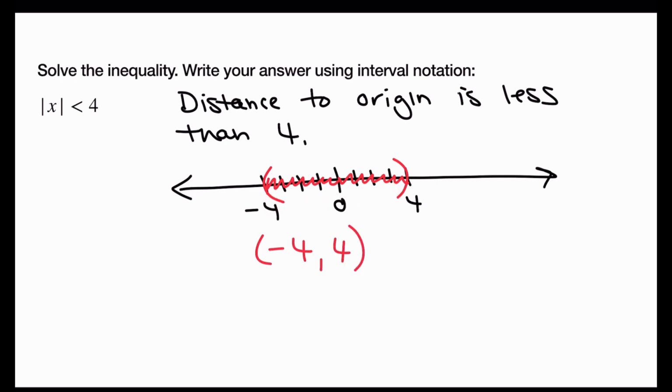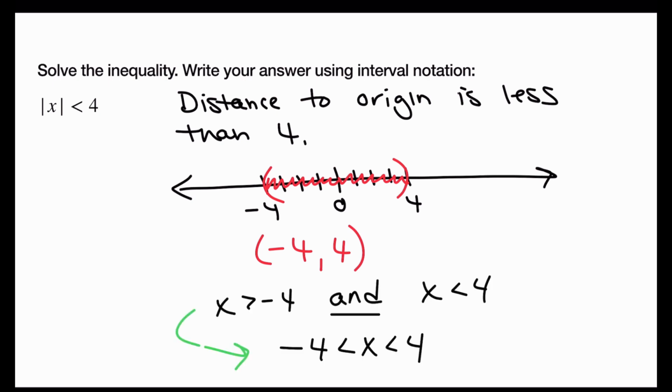In interval notation, we can write that as one interval because we're talking about one chunk on the number line, everything from -4 to 4. Because we're talking about one chunk on the number line, we can also write this as one 3-part inequality, -4 less than x less than 4. Or we could say it's all points that are bigger than -4 and less than +4.